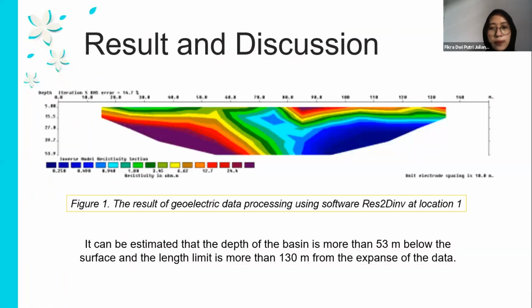This is sand. And the result from location 1 is that it can be estimated that the depth of the basin is more than 53 meters below the surface, and the length limit is more than 130 meters across the expanse of data.